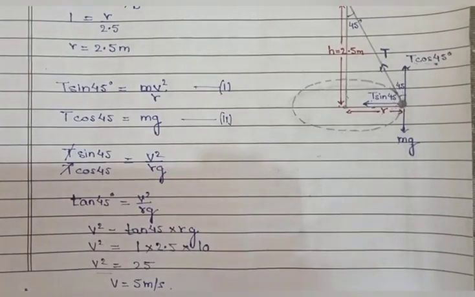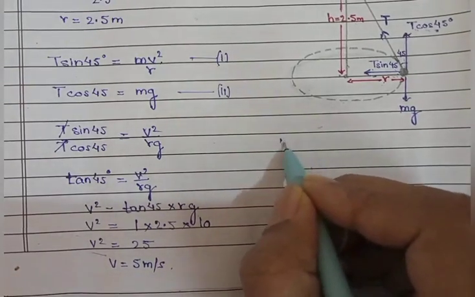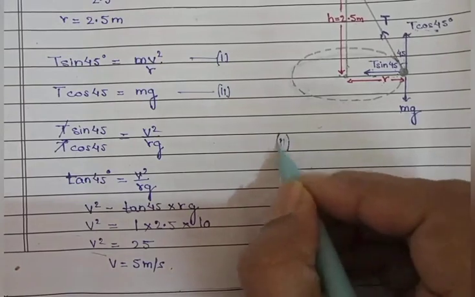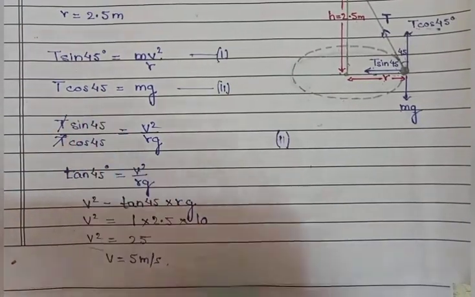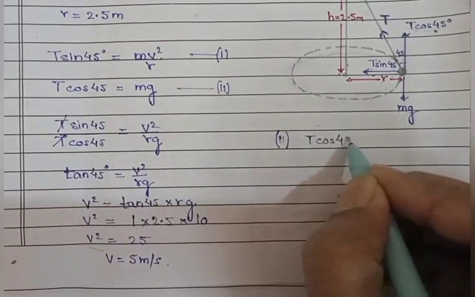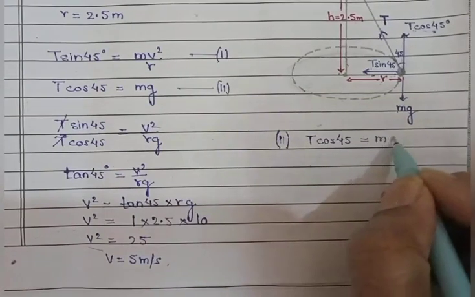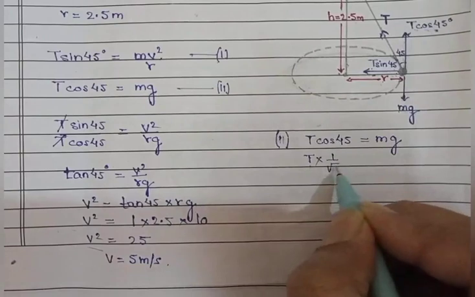So that was the first part. Now in the second part, they have asked us to calculate the tension in the string. To get the tension in the string, we can use the second equation. T cos 45 is equal to mg, and cos 45 is 1 by root 2.